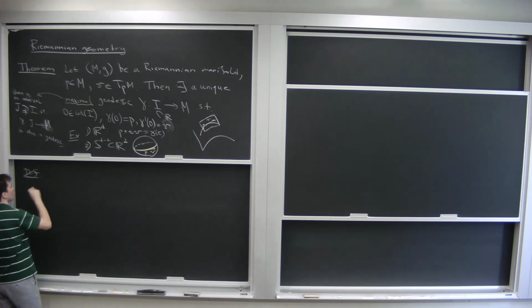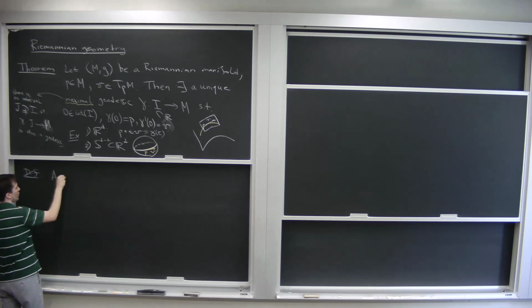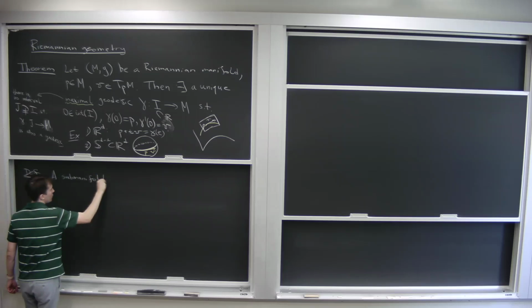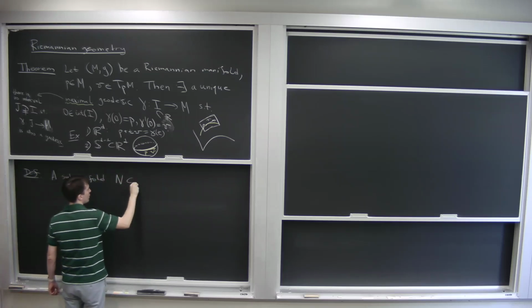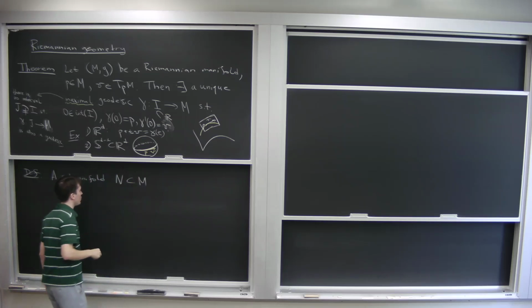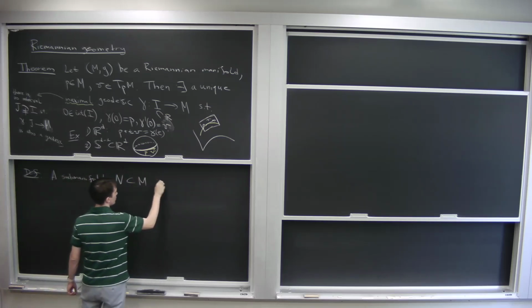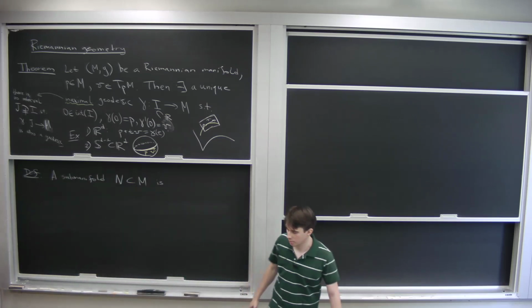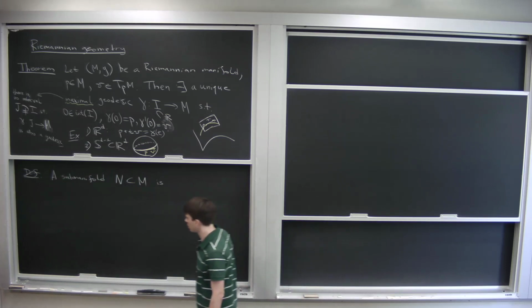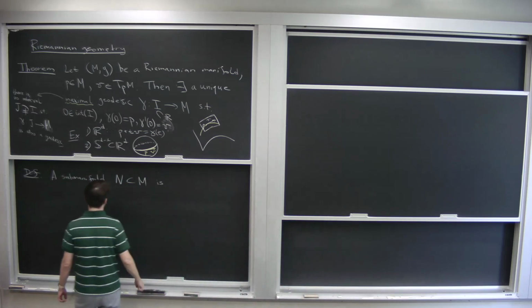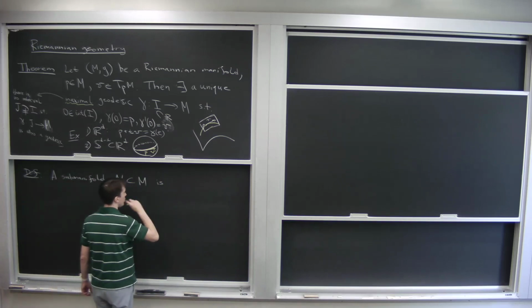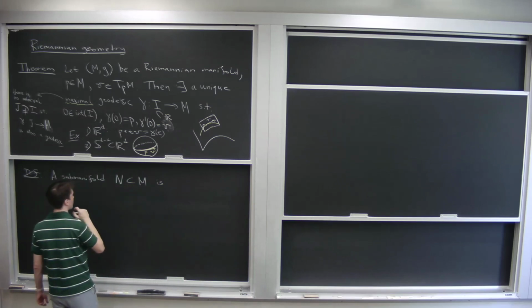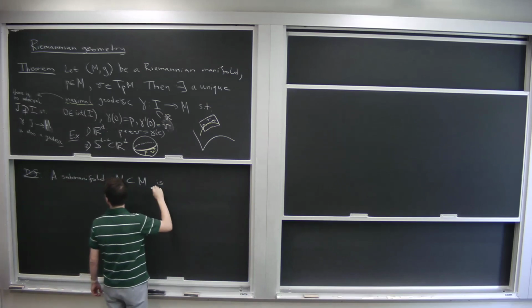So okay, a submanifold N in M is called, okay, actually I need to define embedded and immersed first, probably, right? Okay, I will say first what I wanted to say.